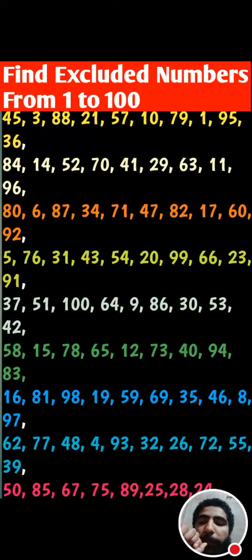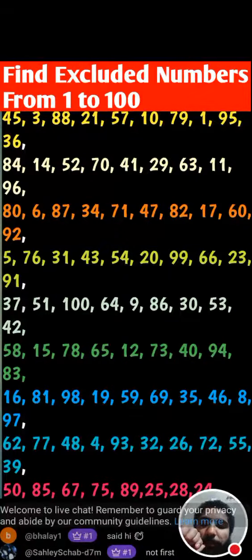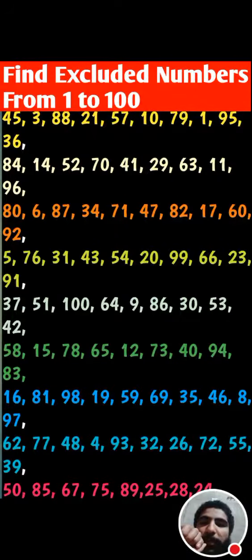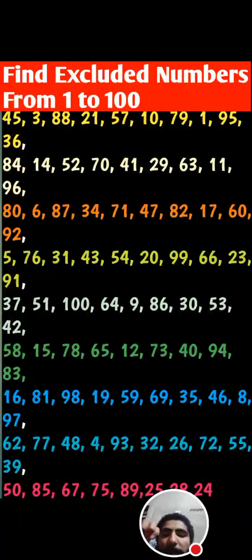So we have to find the number 7. Where is 7? Where is 7? First row no 7, second row no 7, third, where is the number 7?